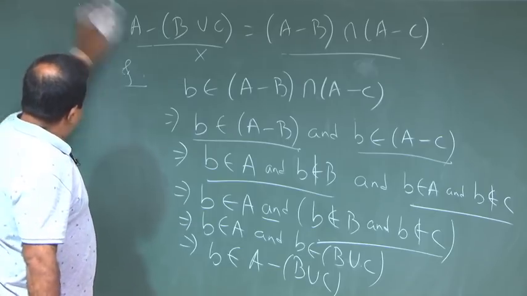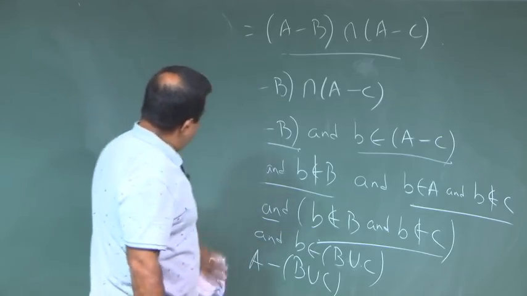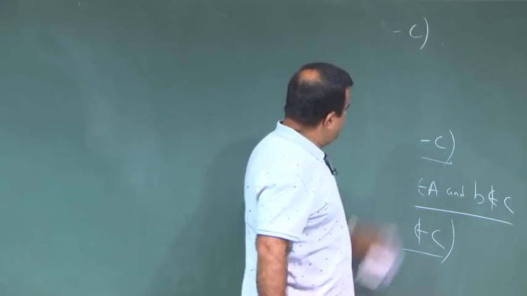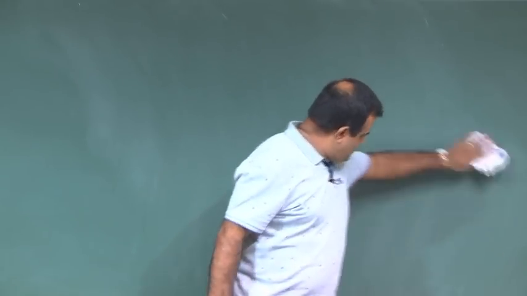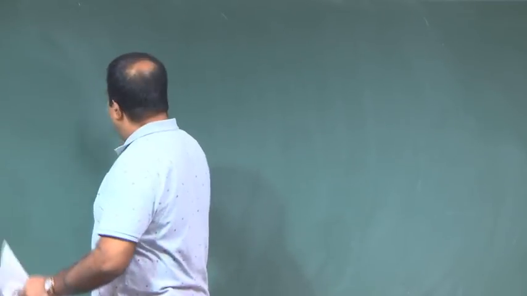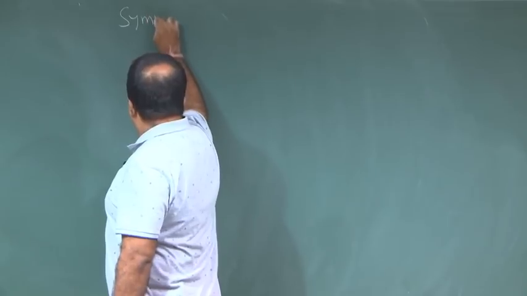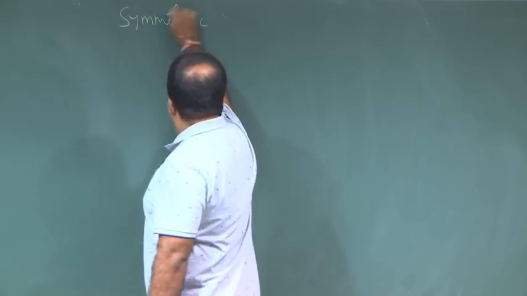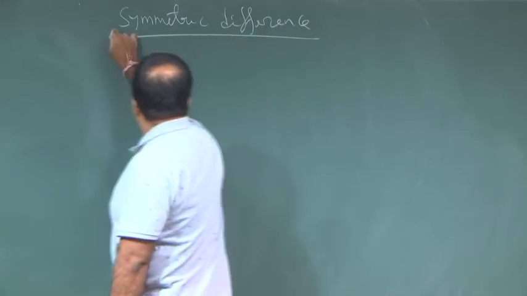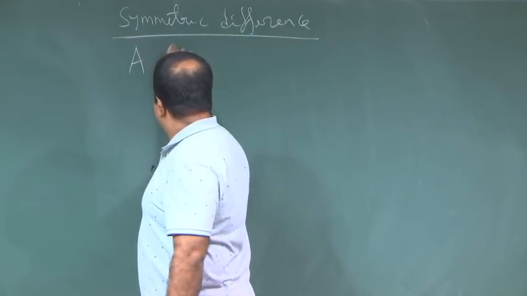Okay, so, let us have another notation, the symmetric difference of two sets A and B. That is denoted by this symbol, symmetric difference. This is a set operation between two sets.